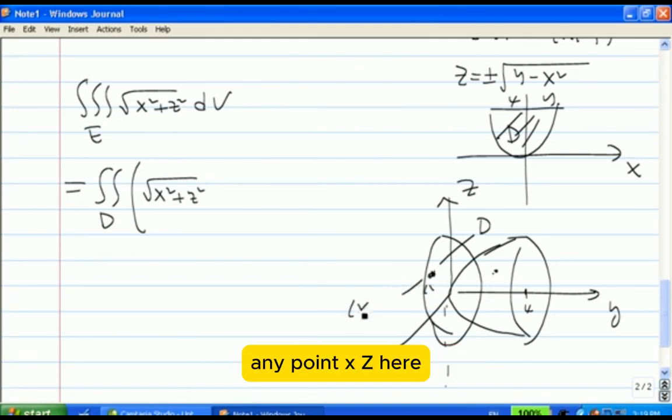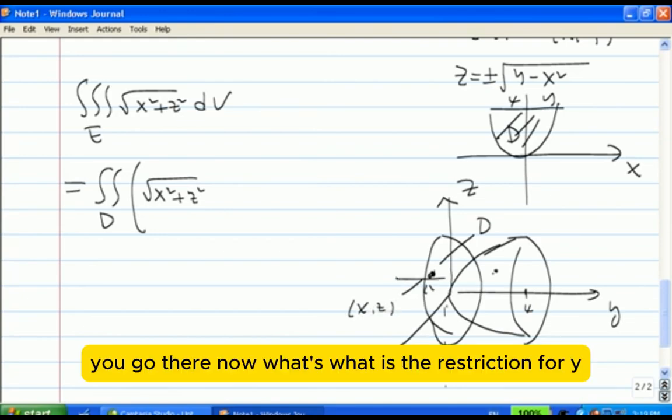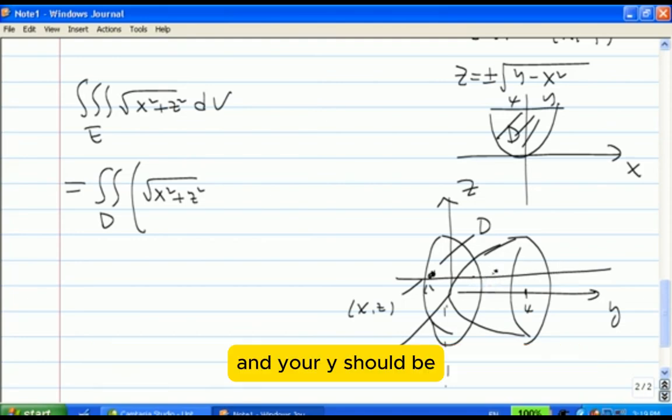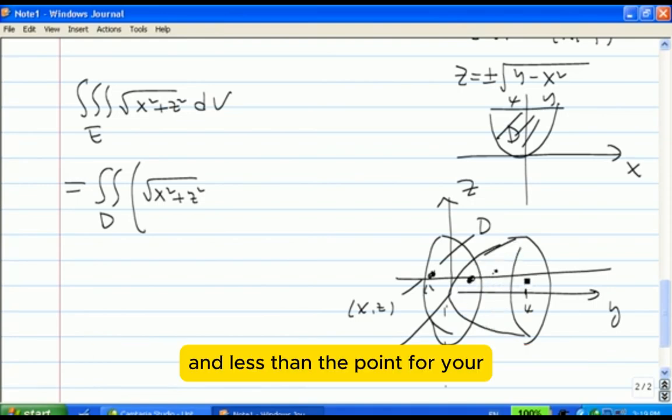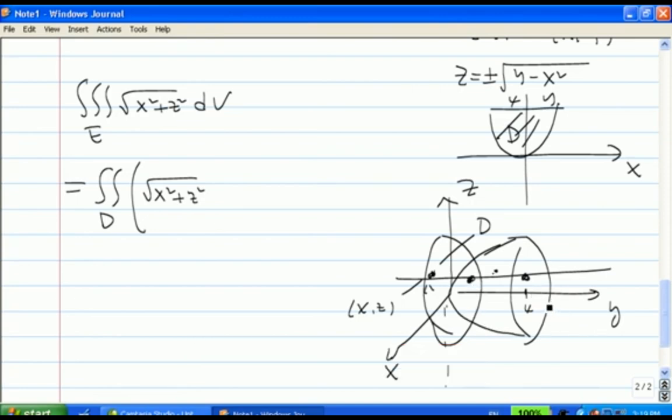You go there. Now, what is the restriction for y? Your y should be bigger than the point you hit on the bottom surface and less than the point you hit on the top surface.